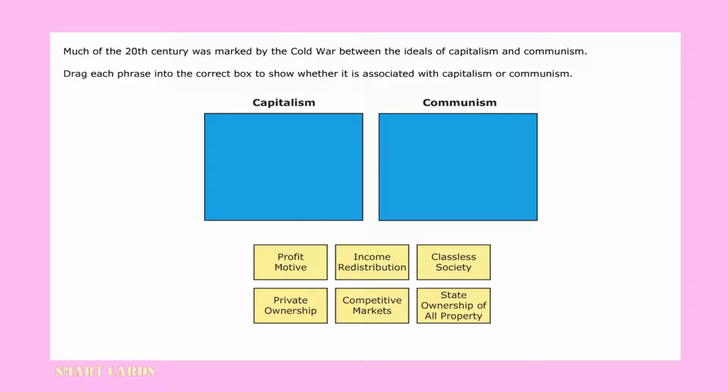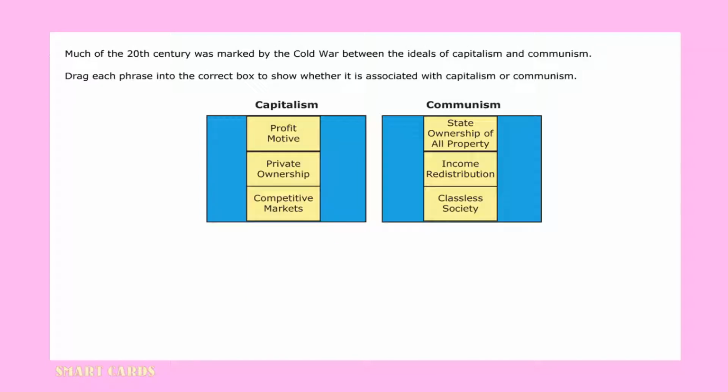Much of the 20th century was marked by the Cold War between the ideals of capitalism and communism. Drag each phrase into the correct box to show whether it is associated with capitalism or communism. This task will require a little background information about capitalistic societies and communistic societies.